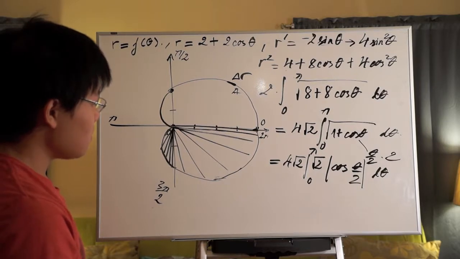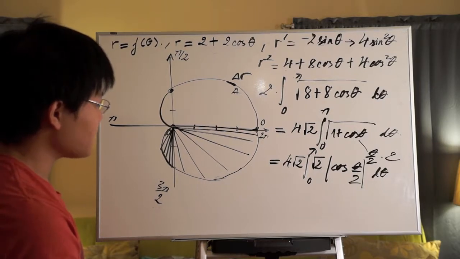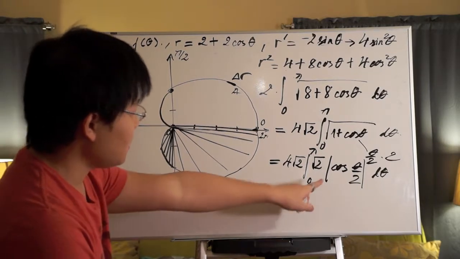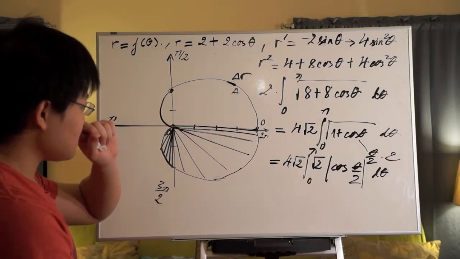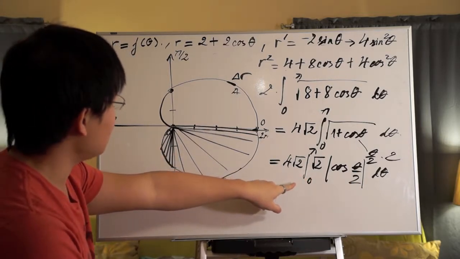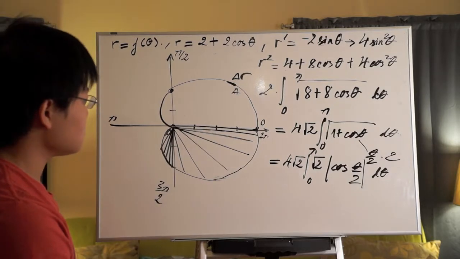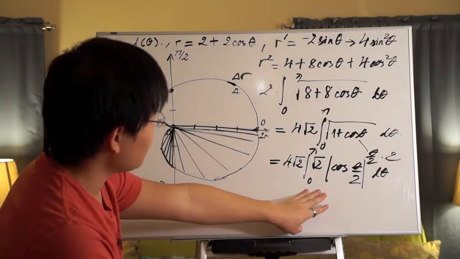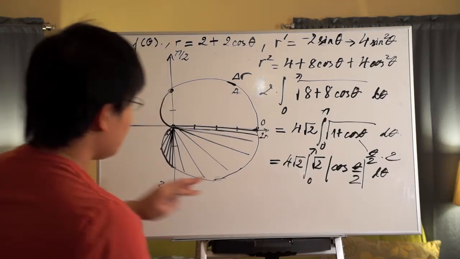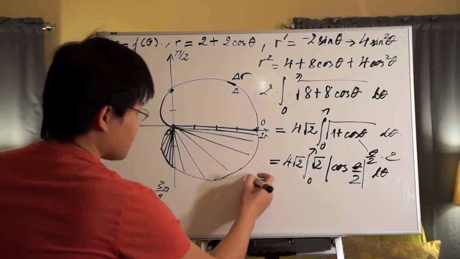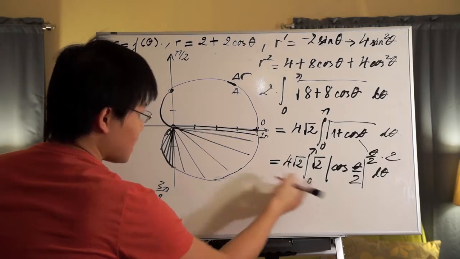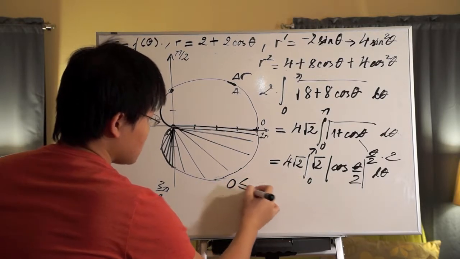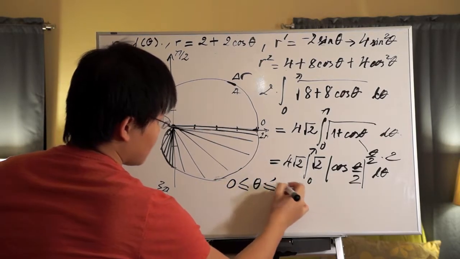Okay, so what are we going to do about this? Since we have an absolute value right here, we know that theta is going from 0 to pi.